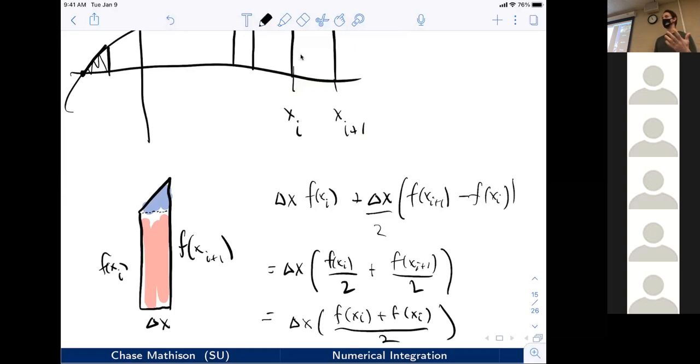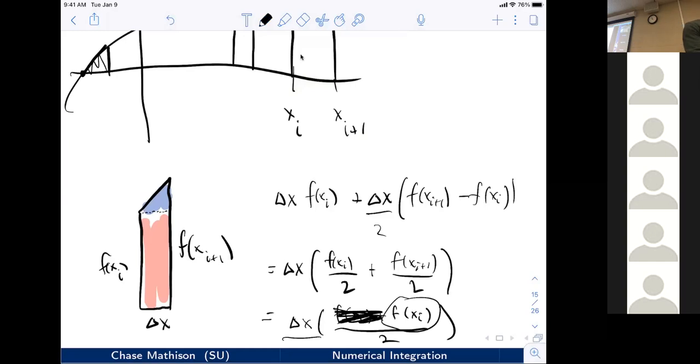And this works even if f of xi or f of xi plus 1, even if one of those is 0 and we're just looking at a triangle. If f of xi is 0, well, then we'll just get the width of a triangle times the height of the triangle divided by 2. That's the area of a triangle.